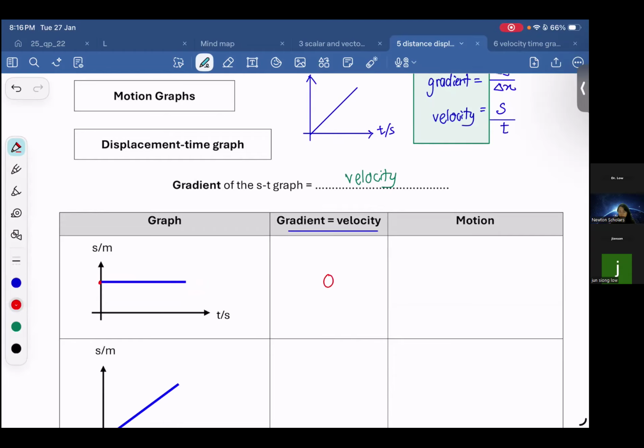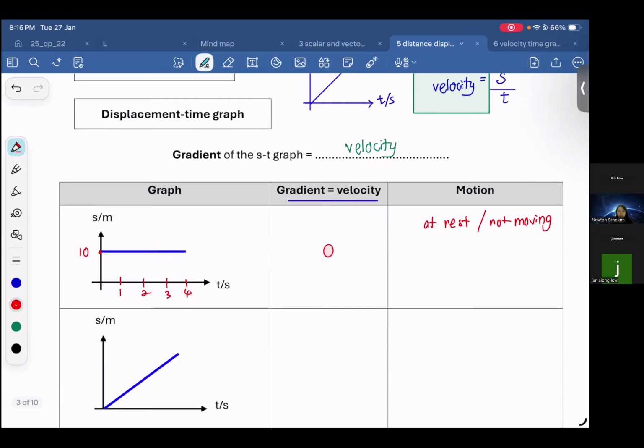So what does it mean? Zero velocity, am I right? Zero velocity means what? Object at rest, or we say not moving. So from 1 second, 2 second, 3 second, 4 second, the object is still staying at 10 meter there, not moving at all. So here, velocity is zero.